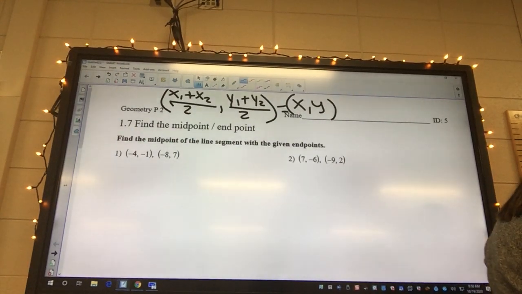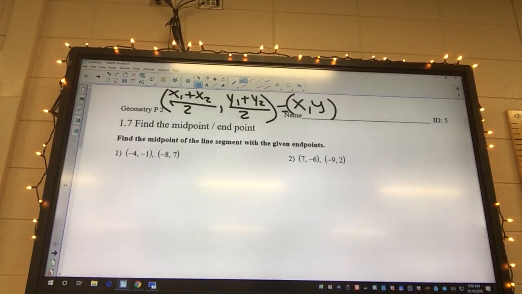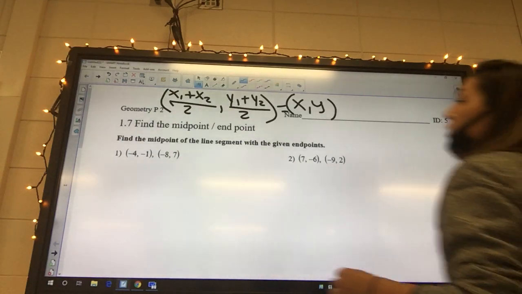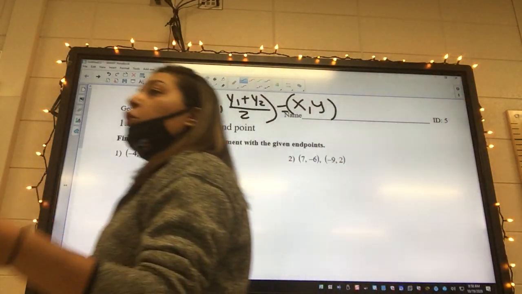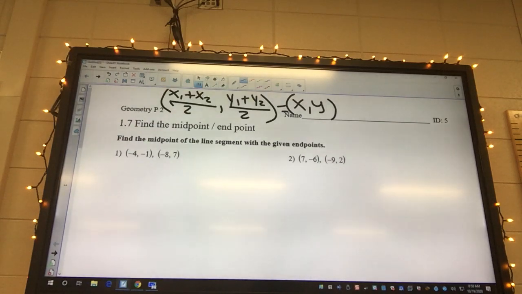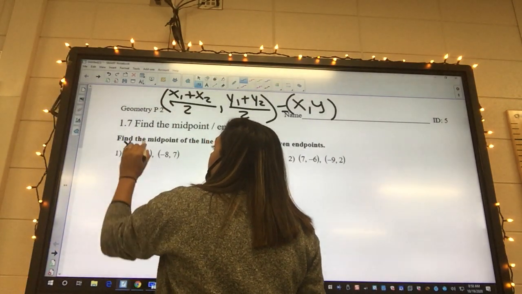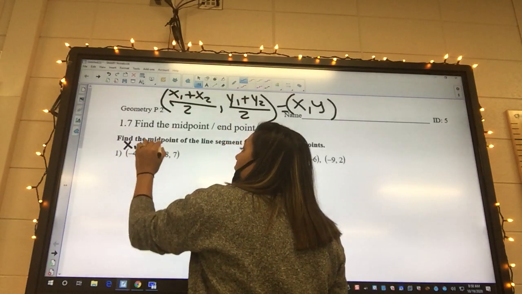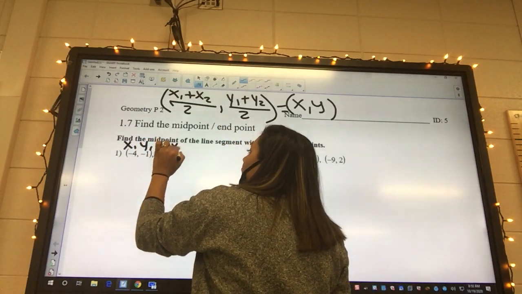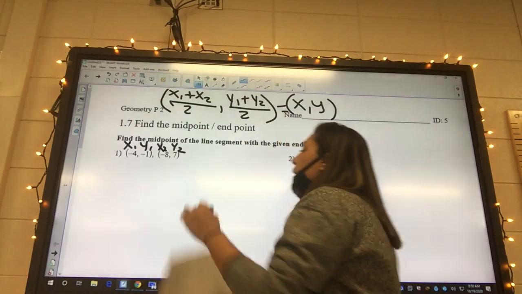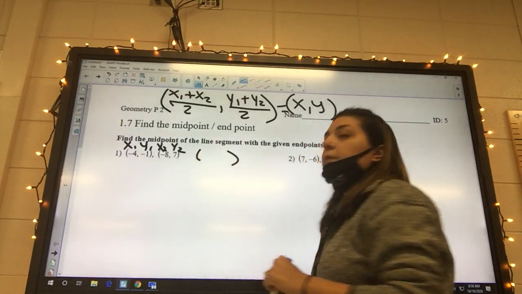We need to label these. When we look at a general coordinate, it's x comma y. So this one is going to be x sub 1, y sub 1. This one is x sub 2, y sub 2. If we had another one, what would it be labeled?